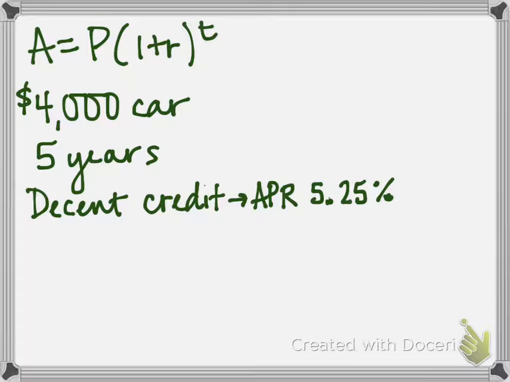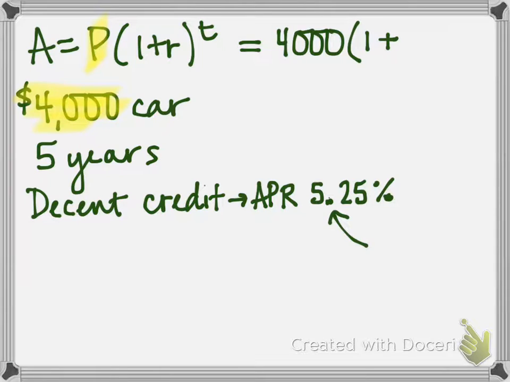First of all, what goes in here for P? The initial price of the car. Well, that's the $4,000, right? So for P, I'm going to plug in 4,000. And then the 1 plus doesn't change for this formula right now. And then my rate. The tricky part is turning it into the right decimal. The fastest way is to always take the percent and divide it by 100.